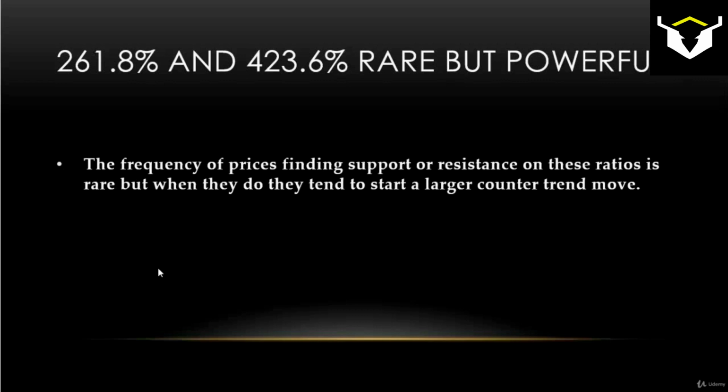I mean, prices very few times tend to extend themselves to these levels, but whenever such an extension happens and if prices find support or resistance on these levels, the change in trend that ensues from there is much more powerful, and prices go a long way before terminating the newfound trend. Let's go ahead and look at some examples.